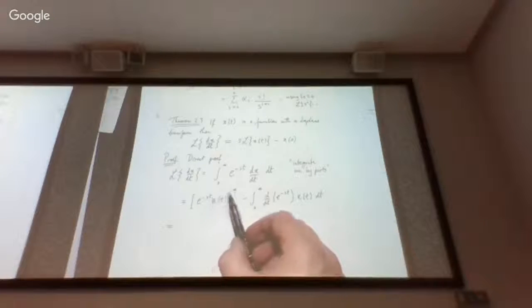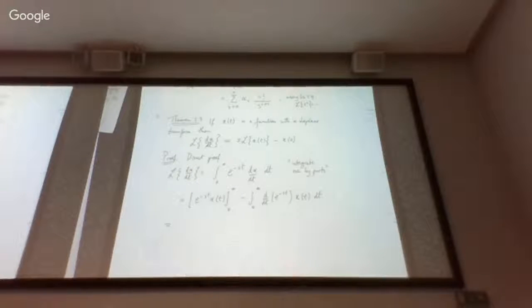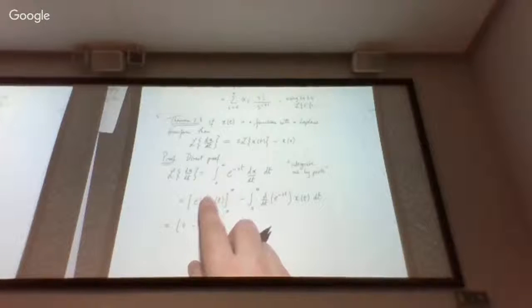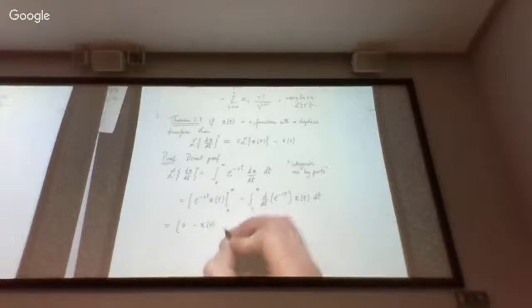As t goes to infinity, this is 1 over e to the st. So the e to the st on the bottom, with real part of s bigger than 0, is going to grow in size very quickly. So the fraction 1 over it is going to decrease. So at the upper limit, you get 0. At the lower limit, these are limits for t, so you get e to the 0, which is just 1, times x of 0. So that's where the minus the initial value of x comes in.